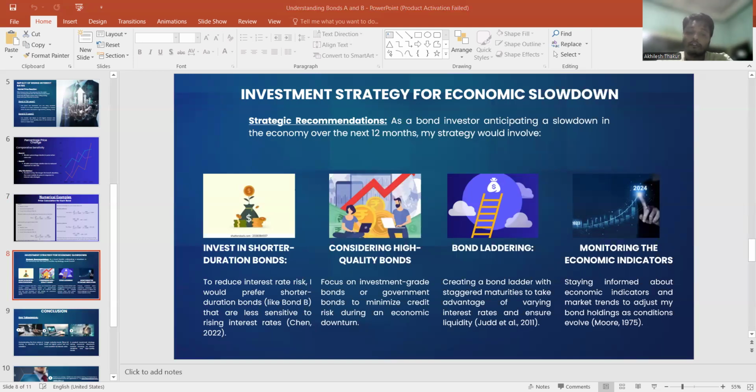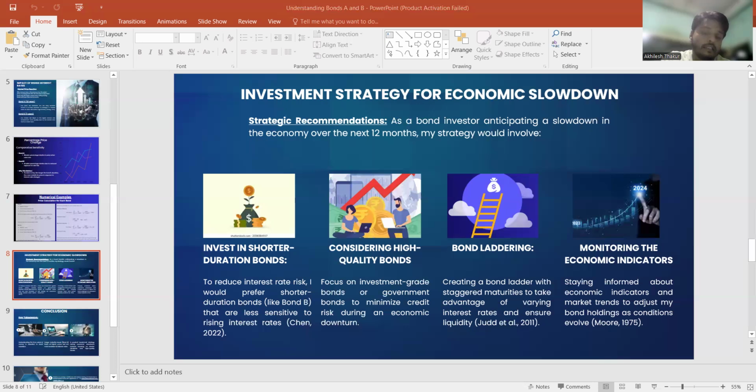And focus on high quality bonds such as government bonds or bonds with a high credit rating. These are safer investments when the economy is struggling. And create a bond ladder. This means investing in bonds with different maturities. It helps you reduce risk and ensure you have cash available at different times.